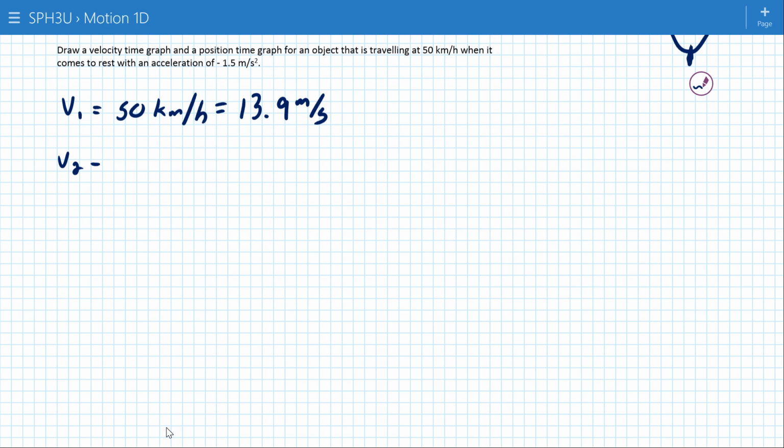It says it's coming to rest, and we have an acceleration of negative 1.5 meters per second squared. 50 kilometers an hour doesn't say a direction, so I'm just going to say in the direction x for positive or forward or something like that.